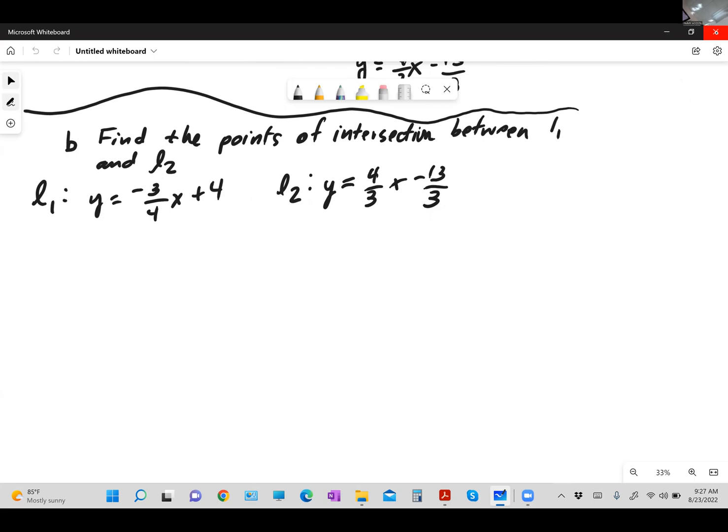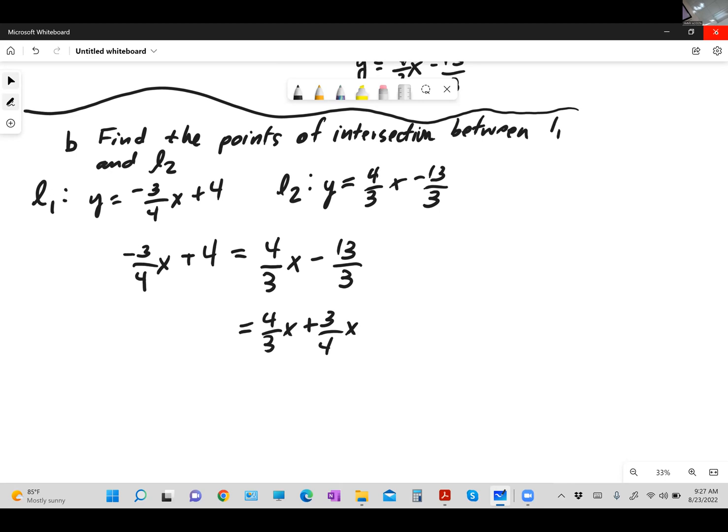So therefore, negative 3/4 x plus 4 must equal 4/3 x minus 13/3. And then I'm going to go ahead and write 4/3 x plus 3/4 x equals 13/3 plus 4.